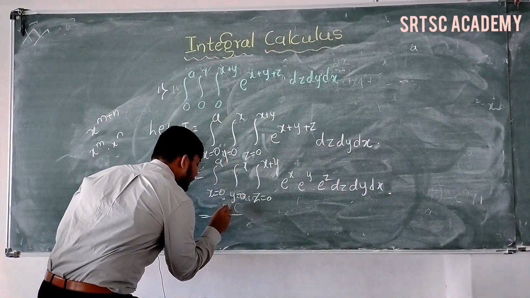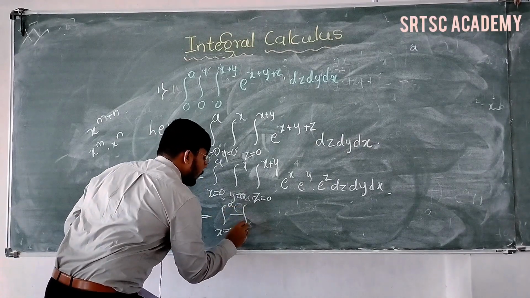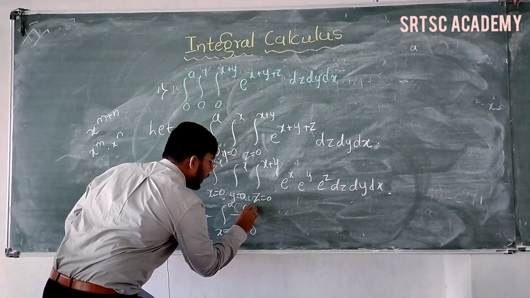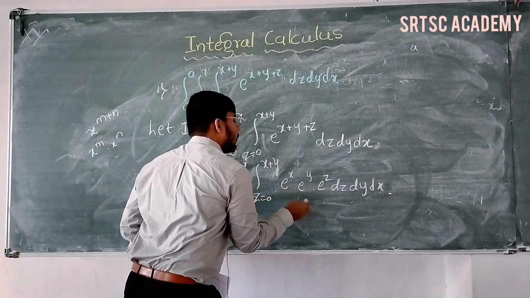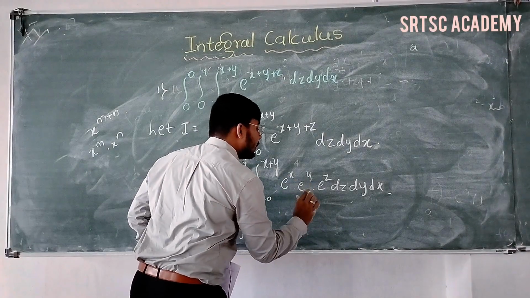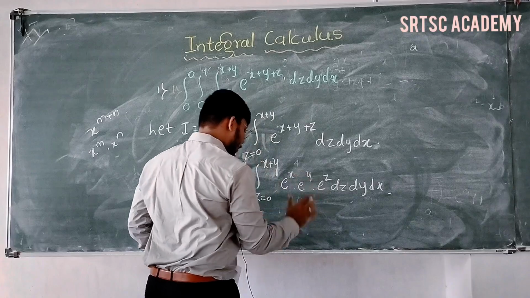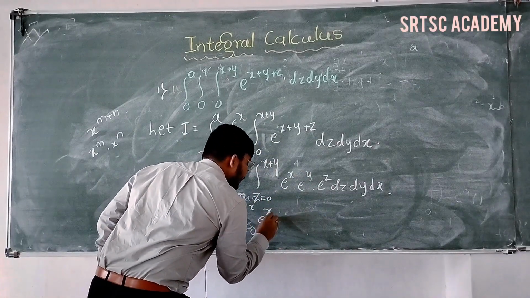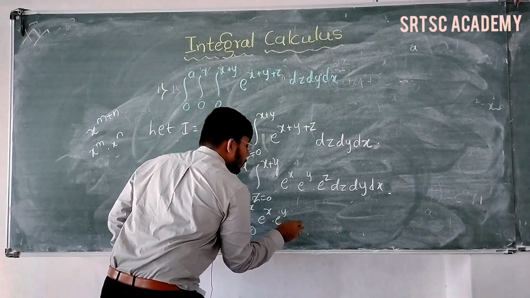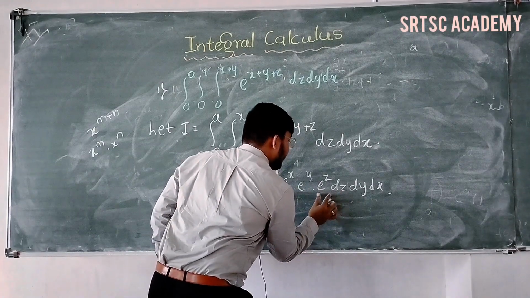Integrate. Now it becomes x varies from 0 to a, y varies from 0 to x, and e to the power x, e to the power y. While we do integration with respect to z, x and y terms are constant. So write it as it is: e to the power x into e to the power y into e to the power z dz.